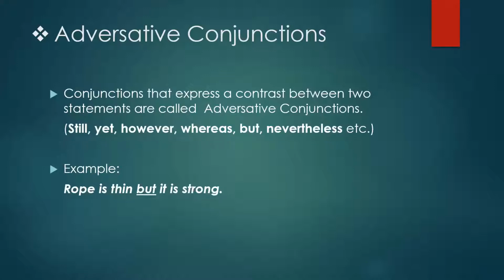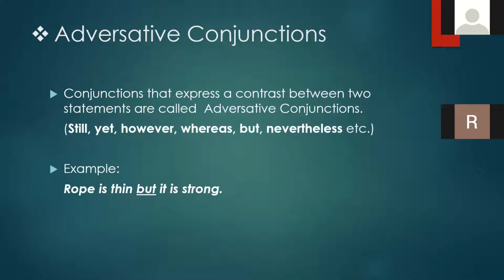The conjunctions that express a contrast between two statements are called adversative conjunctions. Some of the commonly used adversative conjunctions are still, yet, however, whereas, but, nevertheless, etc. Let us see an example. Rope is thin, but it is strong. Here, but is the adversative conjunction used.